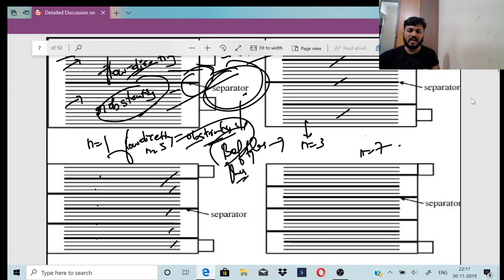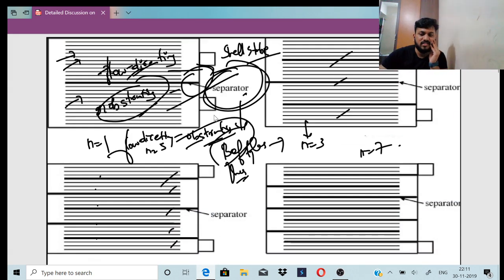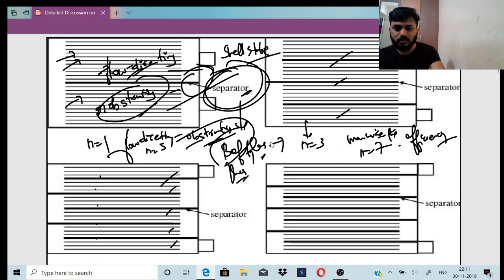Baffles are the flow directing or obstructing veins which are present inside a heat exchanger, and they help in directing the flow of the fluid, which increases the efficiency, that is, maximizes the efficiency, right? So जो भी efficiency को maximize करता है, जो भी fluid का flow direct करता है या obstruct करता है, उस चीज को हम separator या baffle कहकर पुकारते हैं.